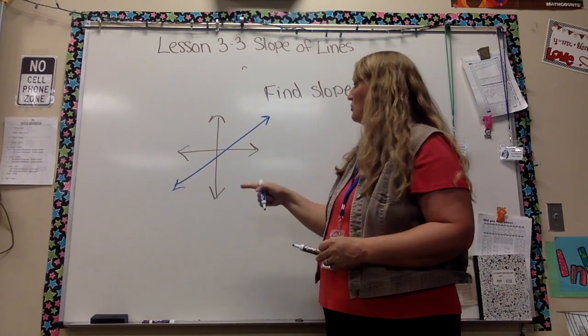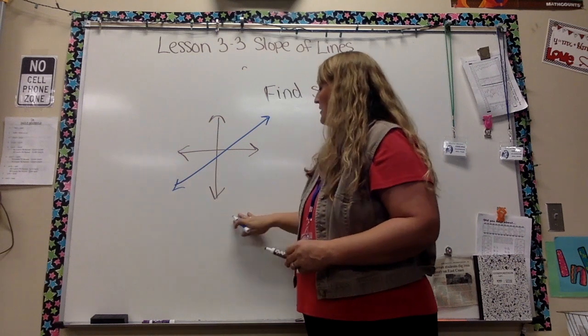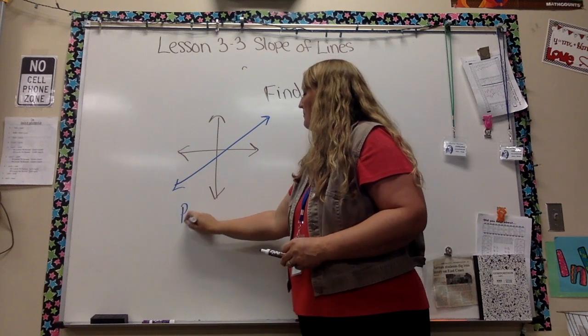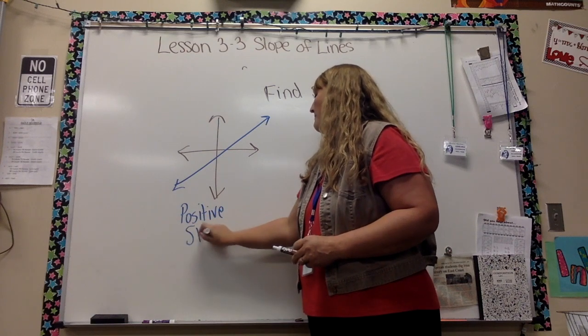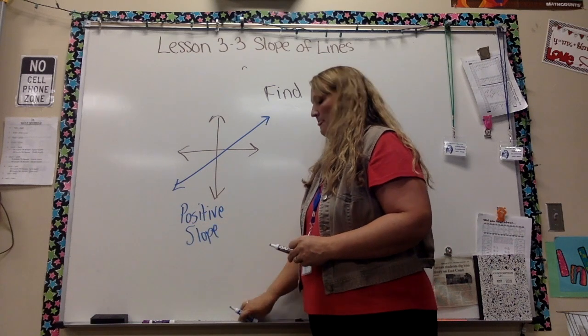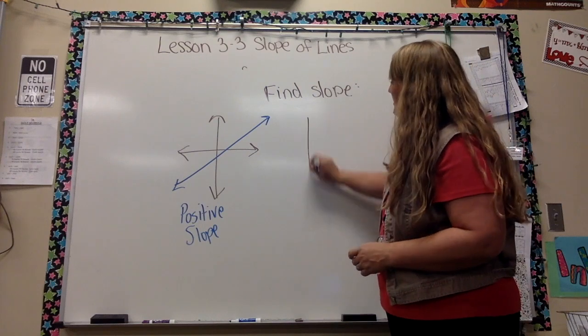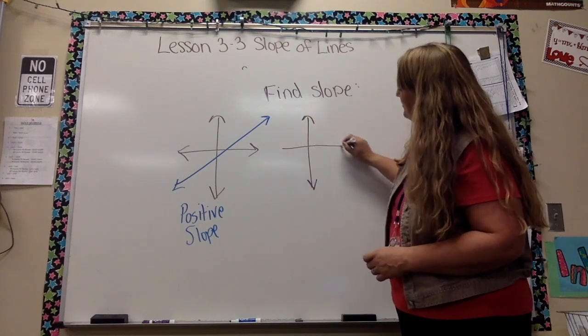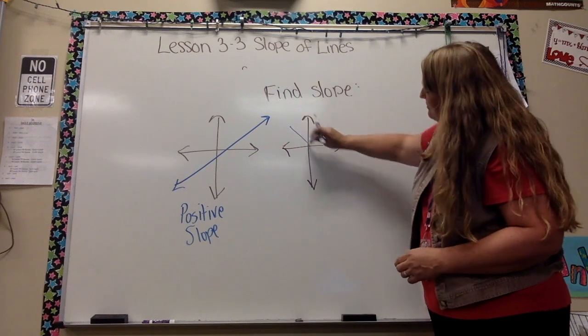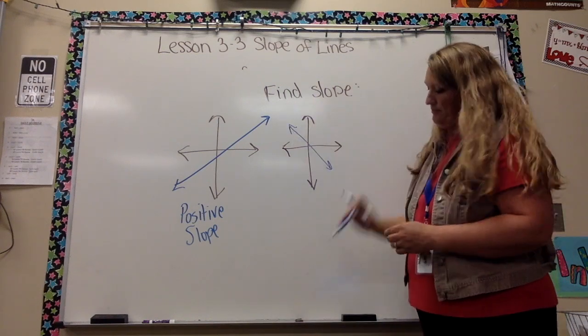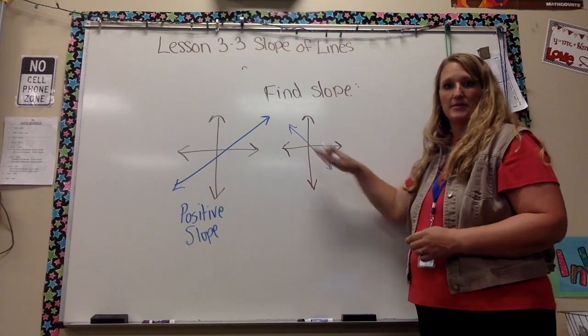We always read slope going from left to right. So this is a positive slope. Okay. Our second one, when you're reading from left to right, goes downhill. So moving from left to right, it's going downhill.